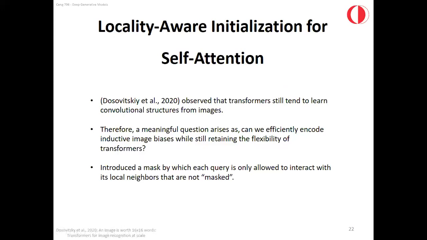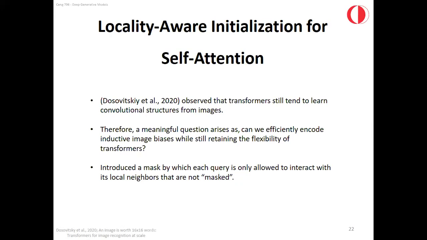Locality aware initialization self-attention. The vision transformer's authors observed that transformers still tend to learn convolutional structure from images. Therefore, a meaningful question arises: can we efficiently encode inductive image biases while still retaining the flexibility of transformers?